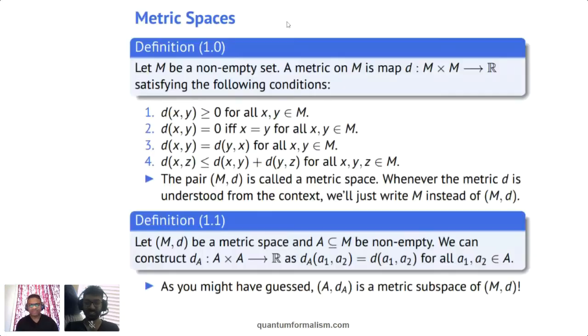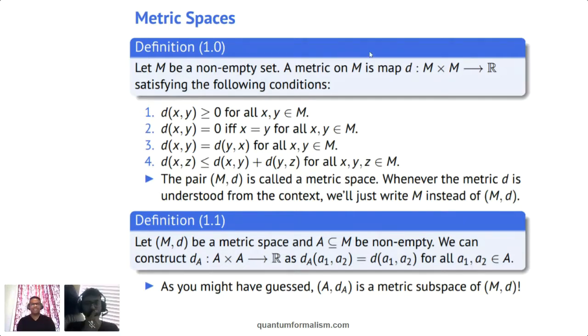Okay, so let's crack on to part A. Metric spaces. This is really just an abstraction of a very intuitive notion that we all have, even without going to mathematics, which is the notion of distance.